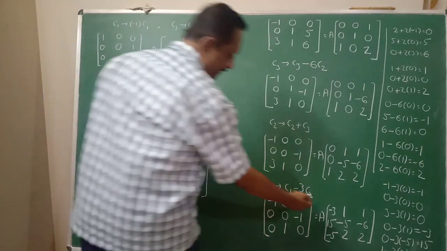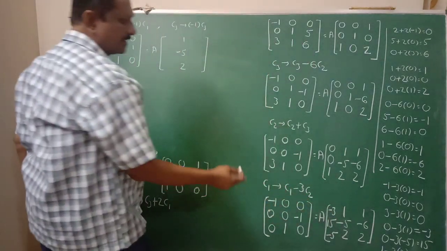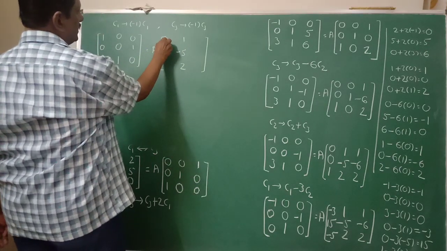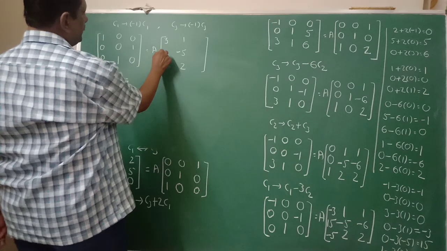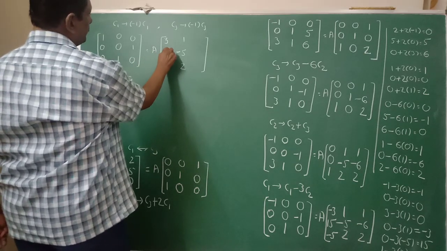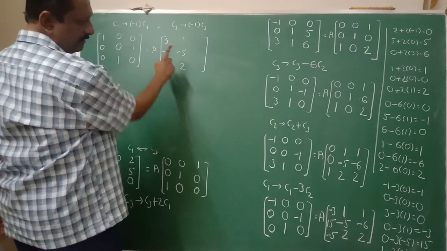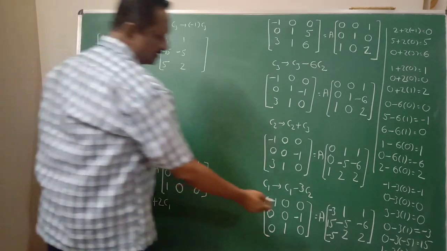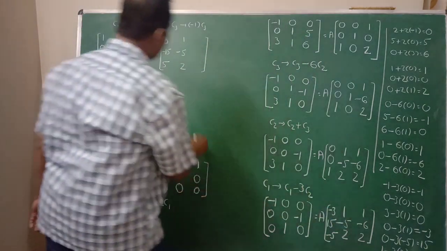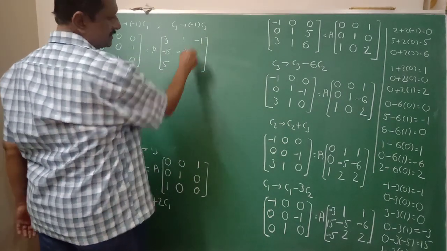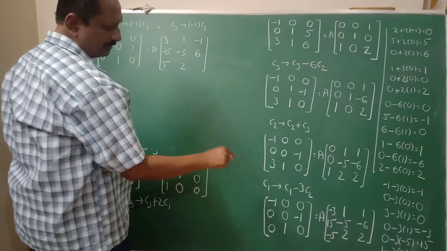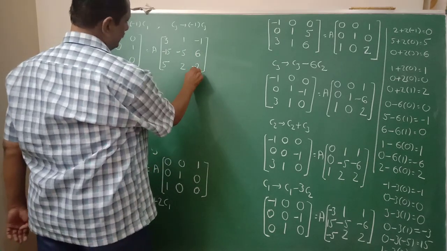Minus becomes plus and plus becomes minus: so minus 3 becomes plus 3, plus 15 becomes minus 15, minus 5 becomes plus 5, plus 1 becomes minus 1, minus 6 becomes plus 6, and plus 2 becomes minus 2.